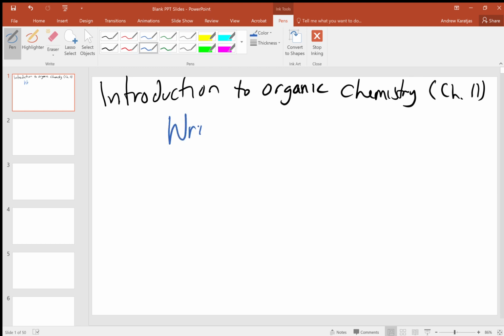So we're going to start with writing structures. As we alluded to during the Lewis structure review, when it comes to organic molecules, we can't really draw them in the same way that we do for general chemistry structures. And that's because organic molecules just build up complexity too quickly.